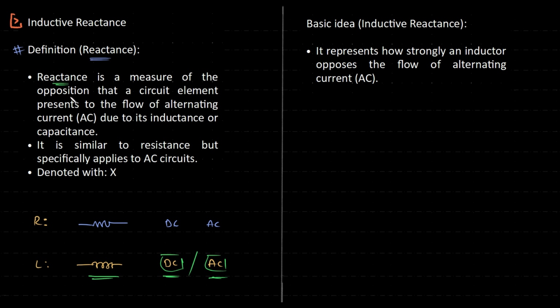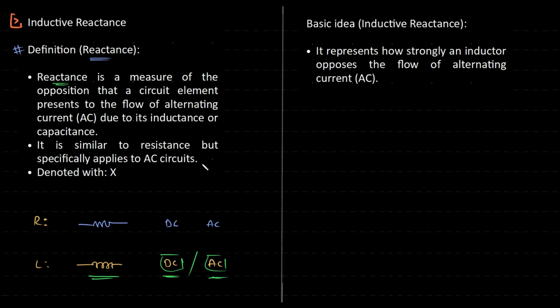Reactance is a measure of the opposition that a circuit element, such as your inductor and capacitor, presents to the flow of alternating current. It is similar to resistance, but specifically applicable to your AC circuits. So you can imagine reactance as a special kind of resistance that shows up only when we have AC current. As simple as that.